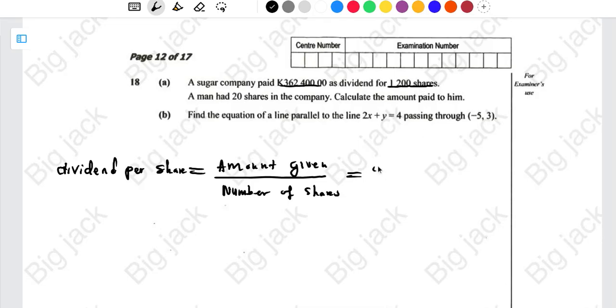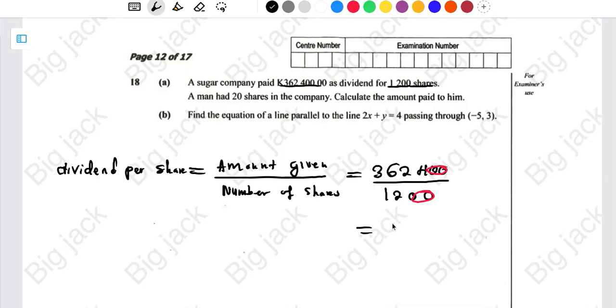So the man who had the 1,200 shares was given 362,400. Then how many shares? 1,200. So you can easily cancel the zeros. Then we have 3,624 divided by 12.